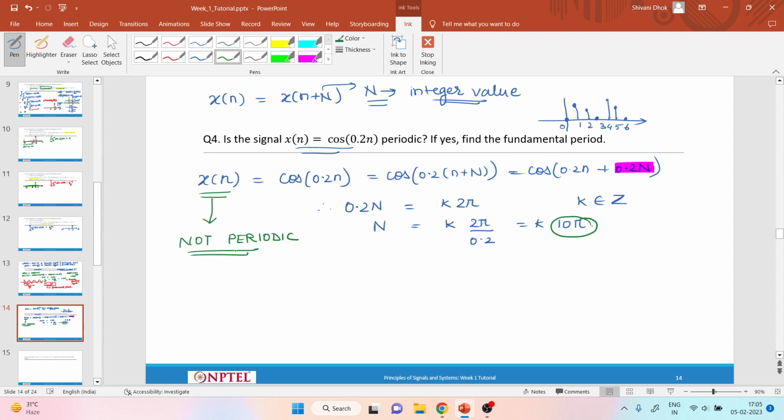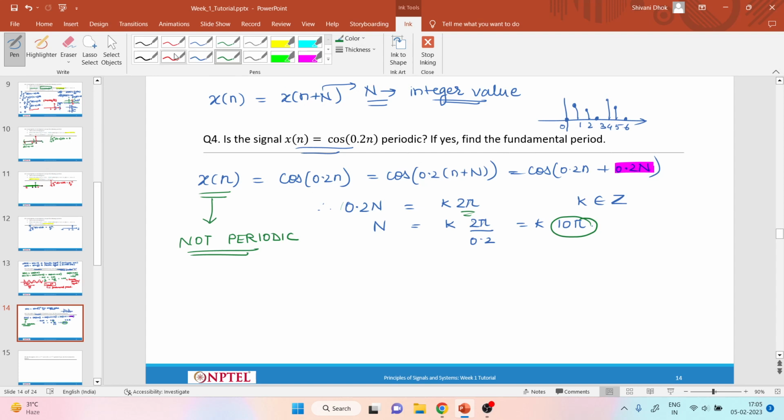So for any discrete time sinusoid, if your period N is coming as some irrational number like this ratio 2 pi by 0.2, for any integer value of k, you are never going to get your N as an integer, and that's why in such cases you are never going to get it to be a periodic signal.